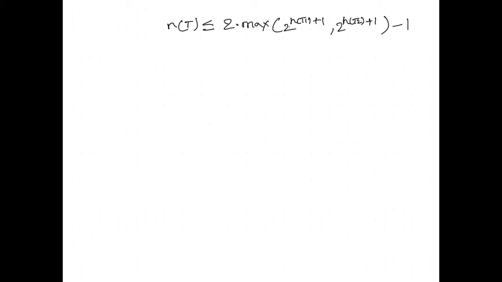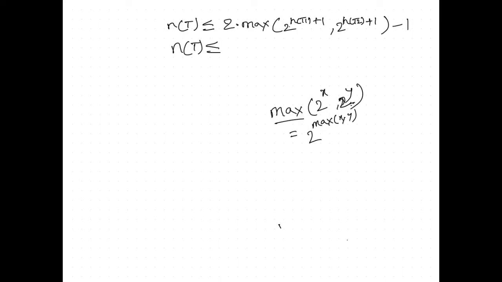Now n of T is always less than or equal to, what can I write? See here, max of 2 power x comma 2 power y. How can I write this?